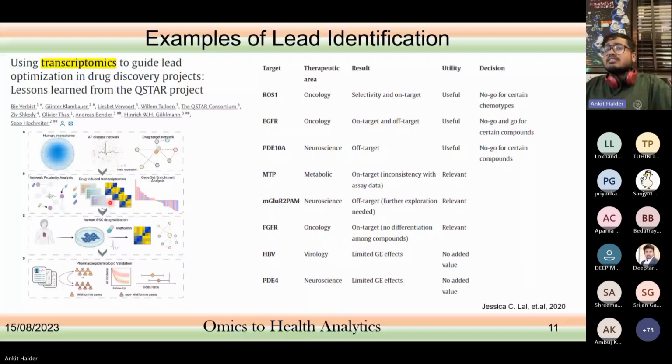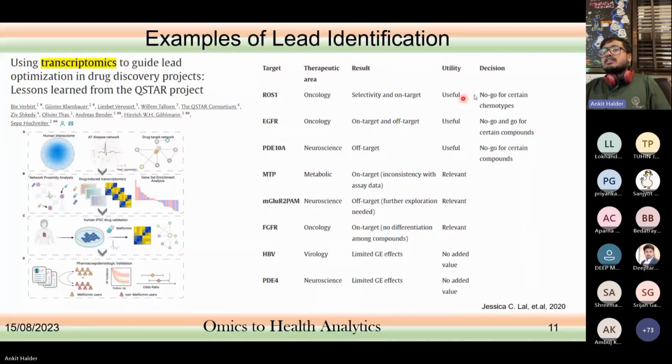These are the targets like ROS1, EGFR, PDE10A, MTP, etc. These are in therapeutic areas, both oncology and neuroscience, and the results cover selectivity and non-target effects, and the decision was go or no-go.